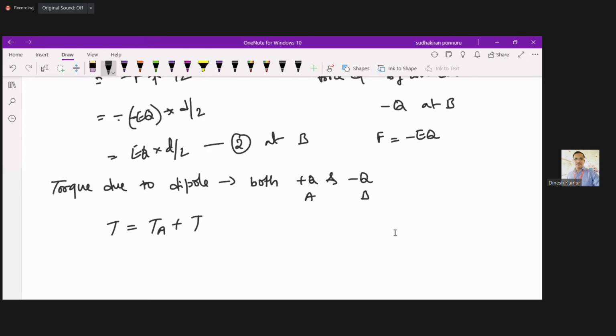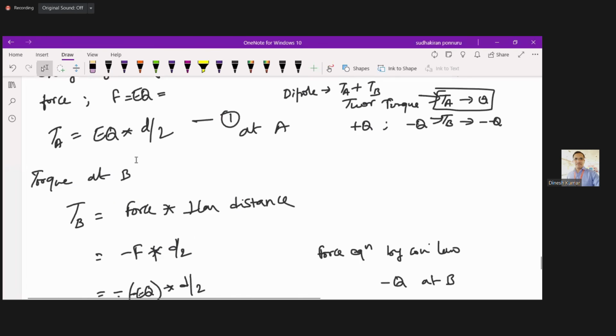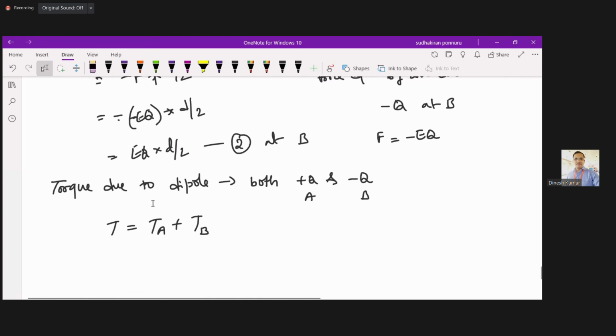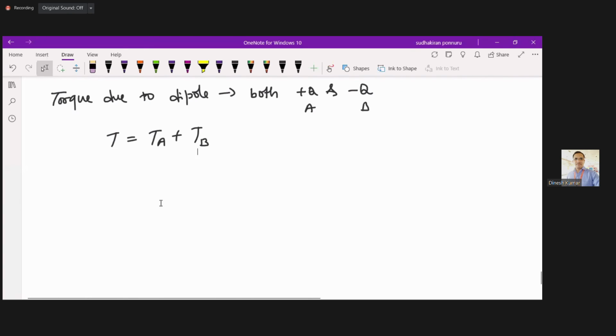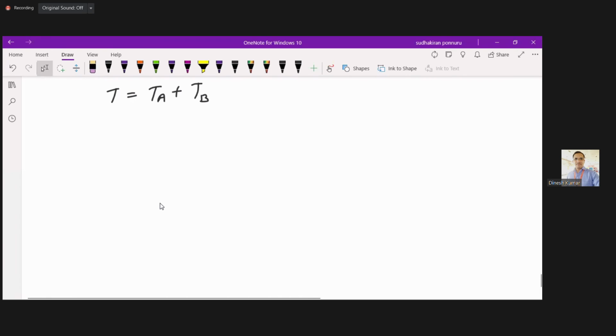So what is TA? TA is EQ D by 2, as well as what is TB? TB is also EQ D by 2. So torque is equal to EQ D by 2 plus EQ D by 2. The final value is EQ D, because D by 2 plus D by 2 gives D.